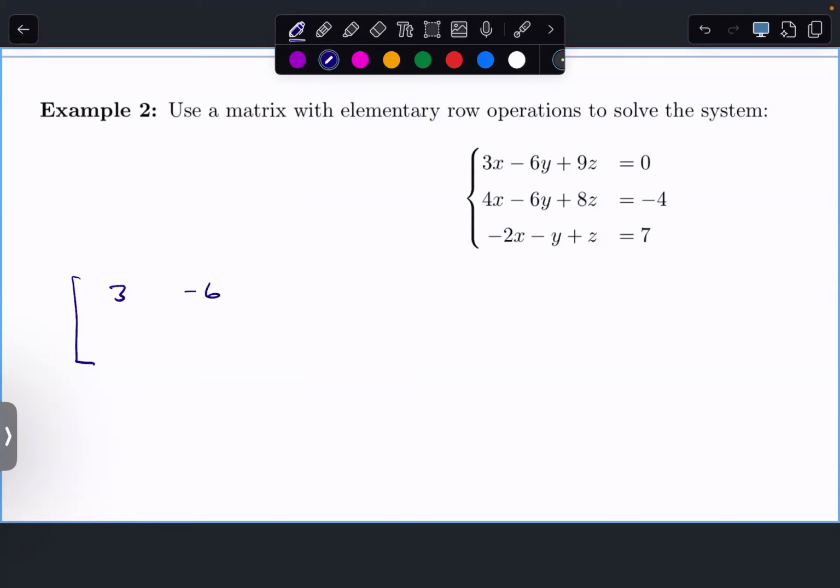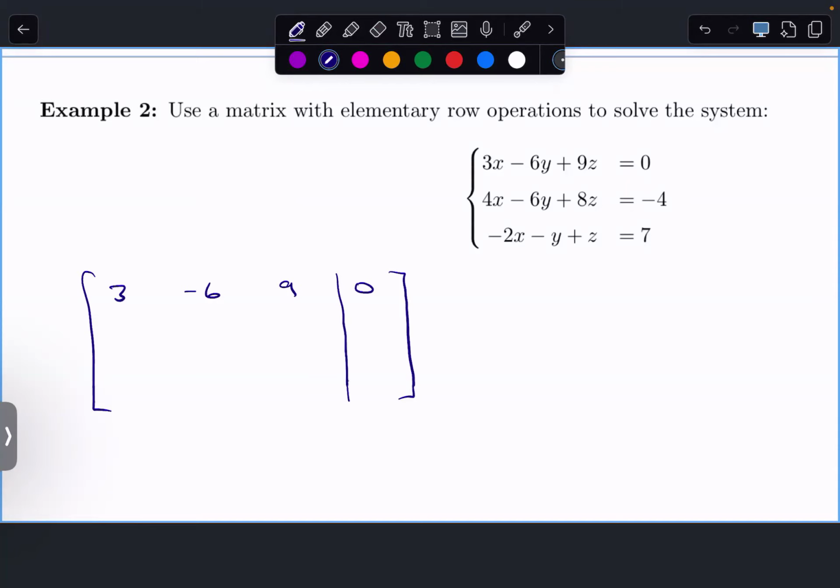3, -6, 9, 0. Maybe I'll give myself slightly bigger brackets because I have 3 equations and 3 unknowns now.